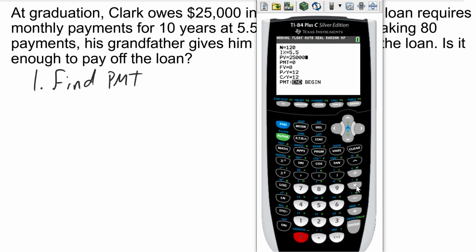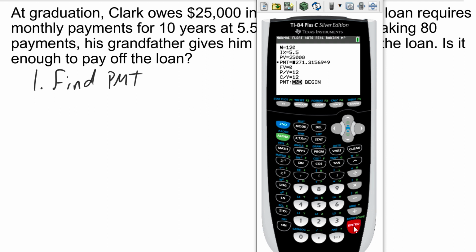It's going to be a positive number because when you get a loan, that's money given to you. Payment's what we're looking for. Just like every other loan, our future value will be 0 because Clark wants to pay off this loan over those 120 payments. And the payments per year and compounds per year are 12. All right, so let's solve for our payment. And we get $271 and about 32 cents.